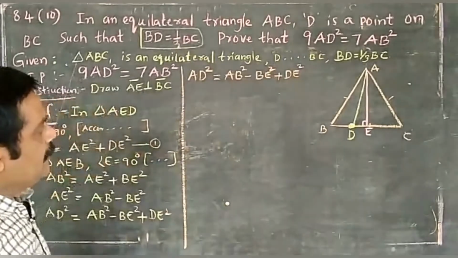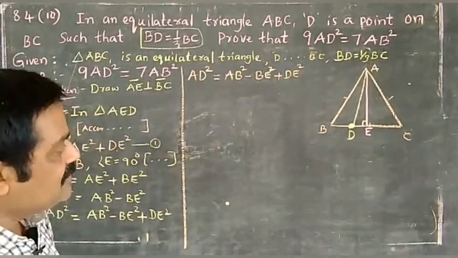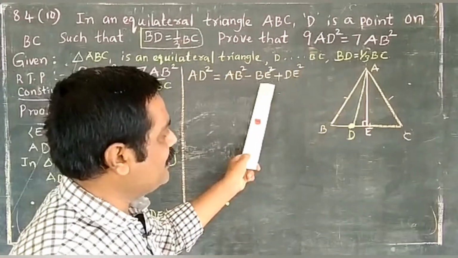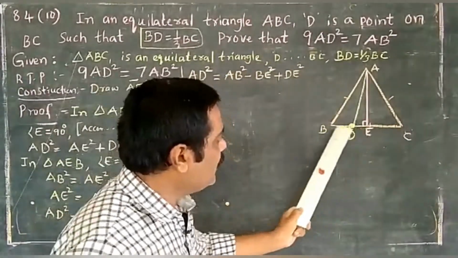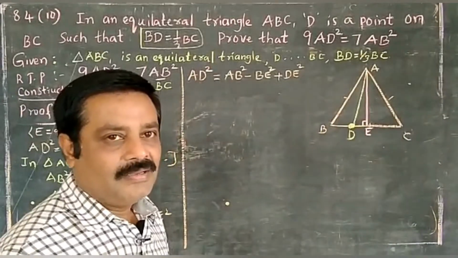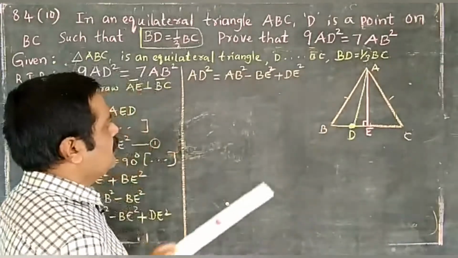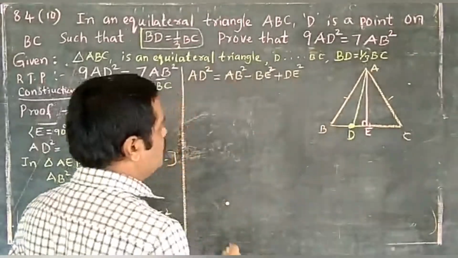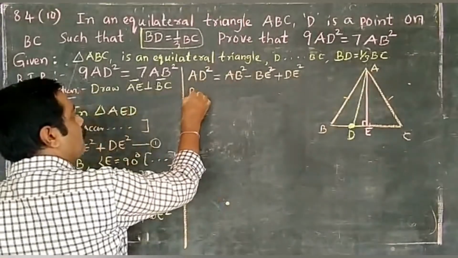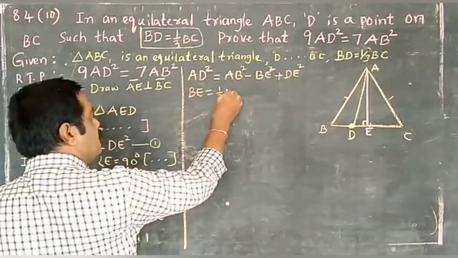Is there any way to change from BE to AB or BC? Yes, instead of BE, we can write half of BC. Already we know BC means automatically it is AB.